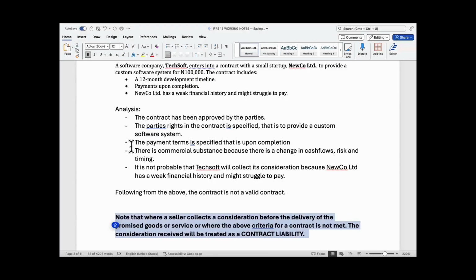Meaning that you cannot recognize it as revenue. You would rather recognize it as a contract liability. And that's it for the first part of step one, which is identifying the contract with a customer. Any questions?